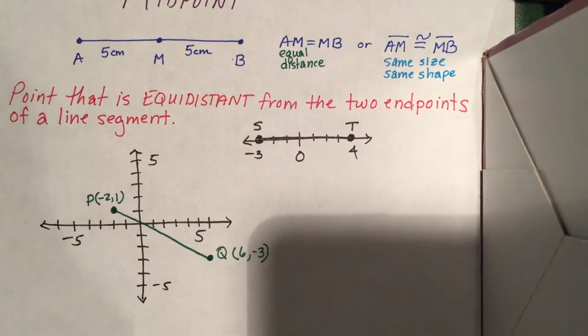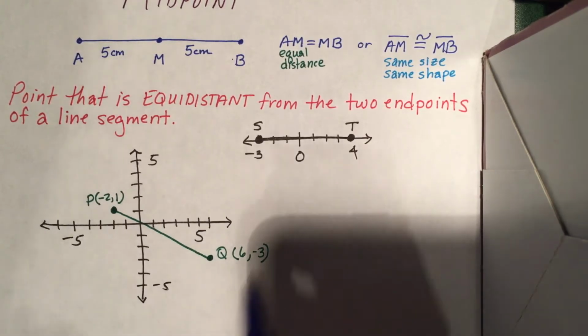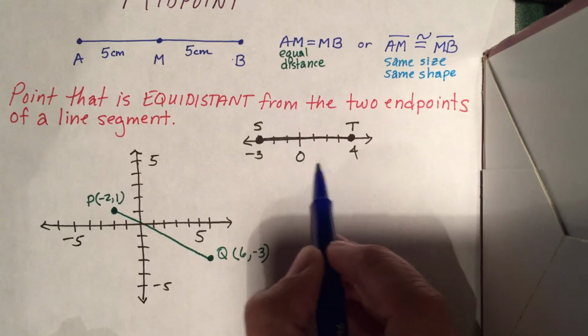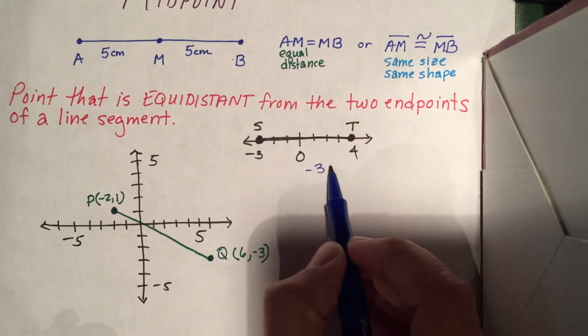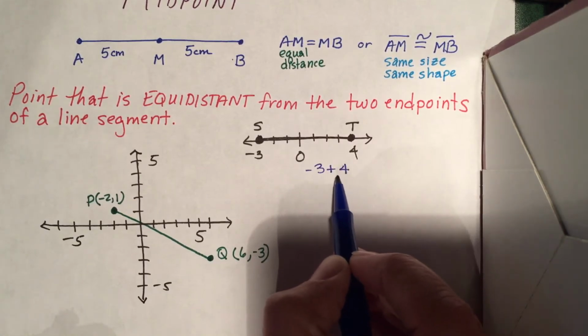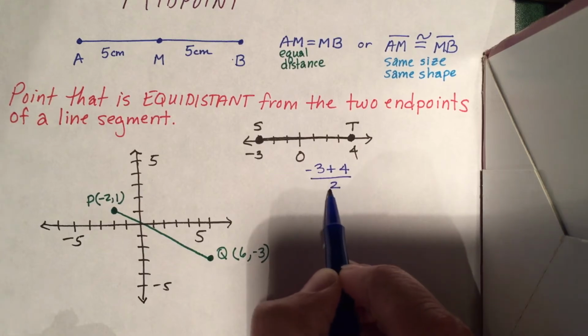What I would do is take the average. We talk about in class how if you make 100 on a test and you make a 90 on a test, your average is 95. How did you get that? You took the two values, added them together, and divided by how many values you had, which was 2. So we're going to do the same thing to find the middle here. We're going to do -3 plus 4, and we're going to divide that by 2.